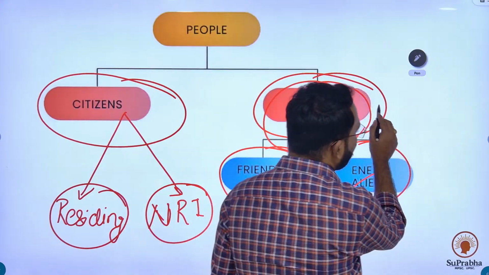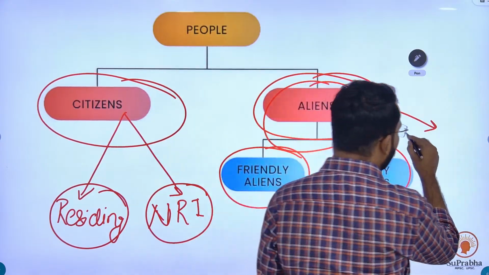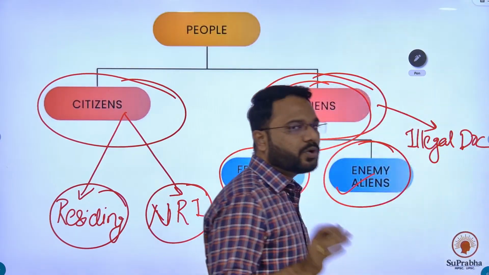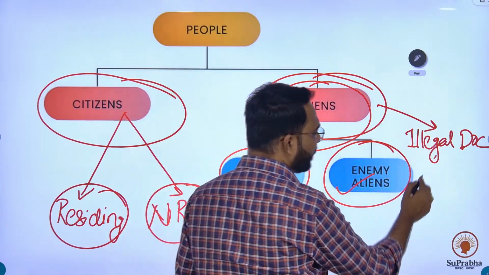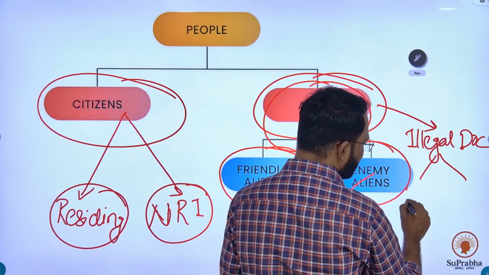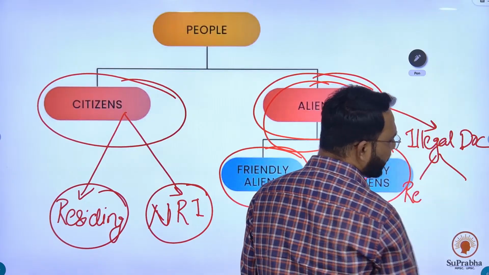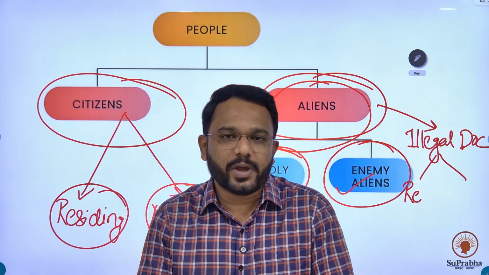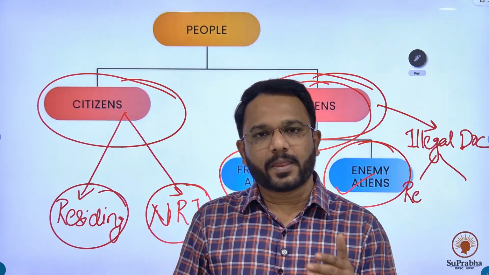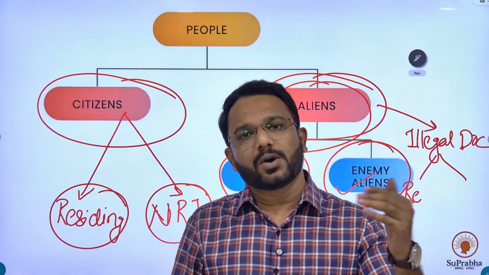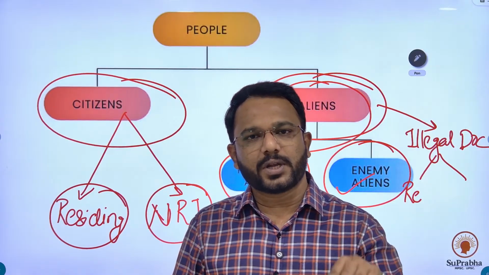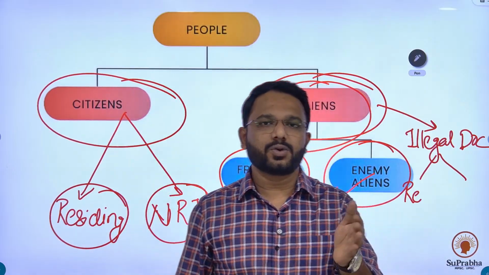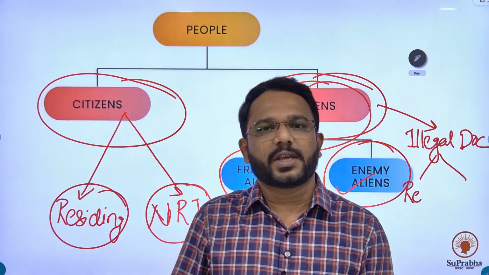The second category is illegal documentation: the persons who don't have legal documents. In that we have two: the first is refugees, and the second is migrants who have entered India illegally. Refugees are persons who are being prosecuted, or whose country is at war, and there is a danger to their lives, so they migrate to another nation for the sake of their lives.